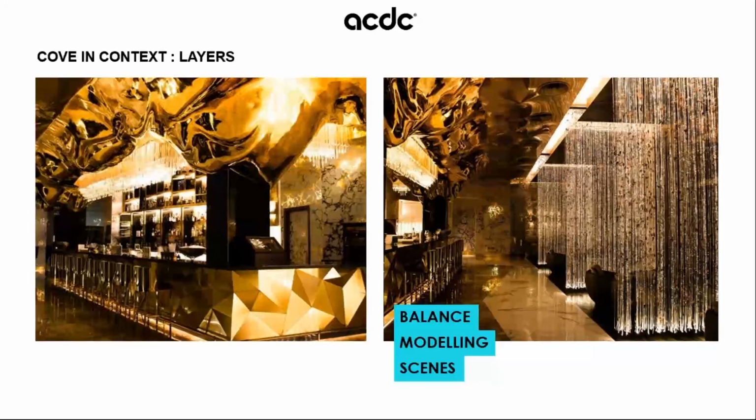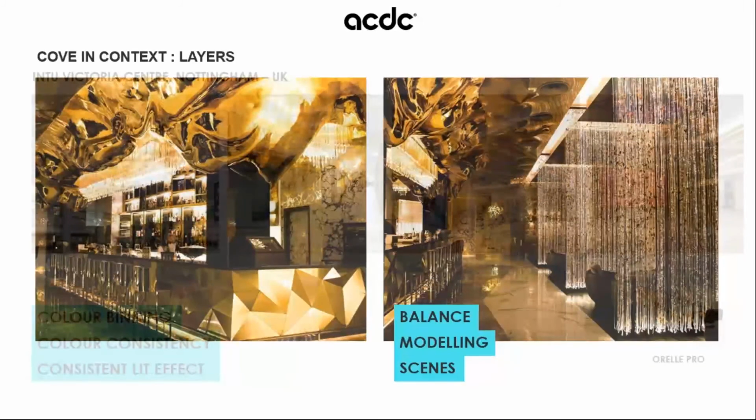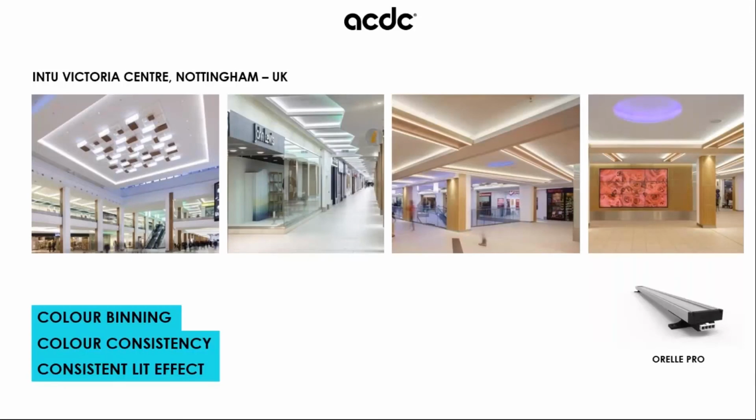In direct contrast, you can look at this. This is in Victoria Centre in Nottingham that ACDC were recently involved with. So that's using a product called the Arel Pro. The point here really is about cove lighting, integrated light, seamless integration, okay? So we're getting light right into the corner. There are no shadow gaps between the luminaires.